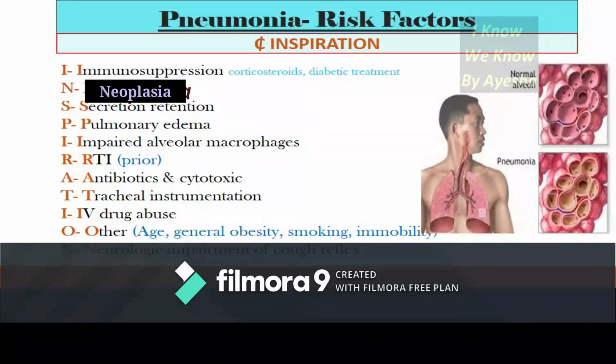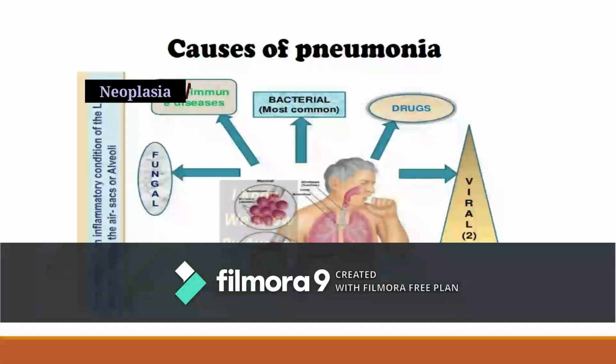Other conditions such as obesity, smoking and immobility may also give chances to get pneumonia. The last one is neurologic impairment of the cough reflex, which may lead to aspiration of content from the digestive tract to the respiratory tract.